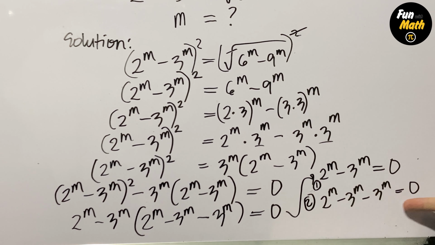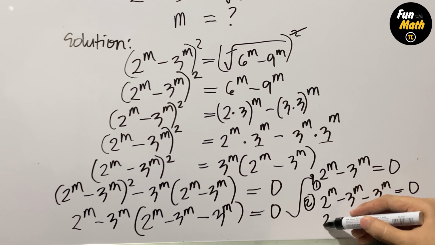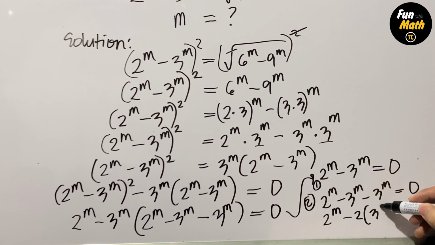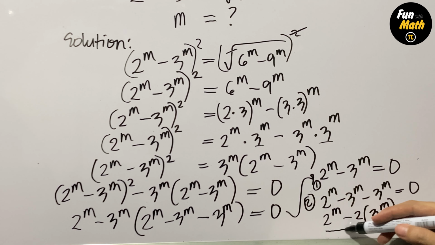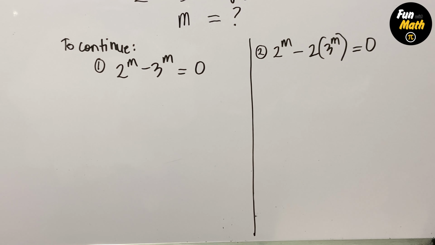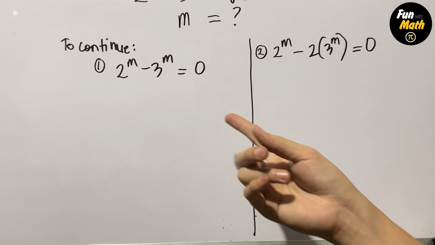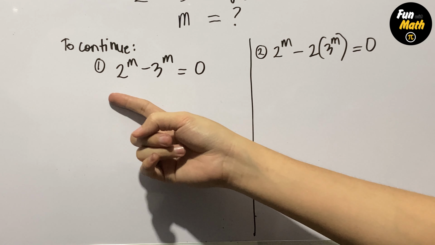But this second equation, we can simplify, and that is 2 to the power of m minus 2 times 3 to the power of m equals 0. Since this is a 2, 3 to the power of m, that's why times 2. And now to continue, we have here the two equations, but let's solve first the first equation.